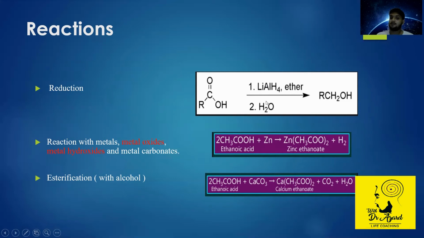This is a reducing agent that will reduce this carboxylic acid into its corresponding alcohol. For example, if you react ethanoic acid with lithium aluminum hydride, which is the name of this compound, we are able to get ethanol. If you react propanoic acid with lithium aluminum hydride, you are able to get propanol. So basically, it will reduce a carboxylic acid into an alcohol.